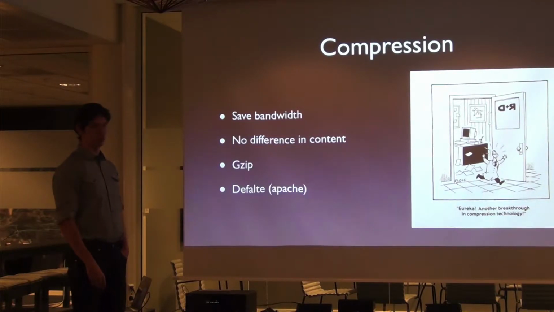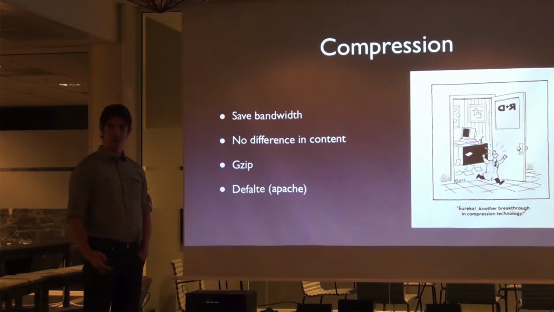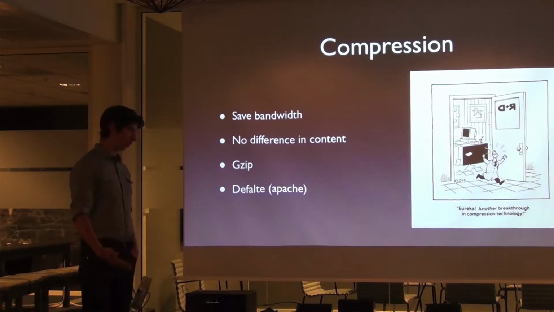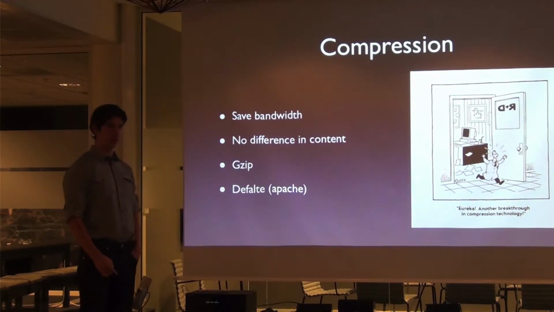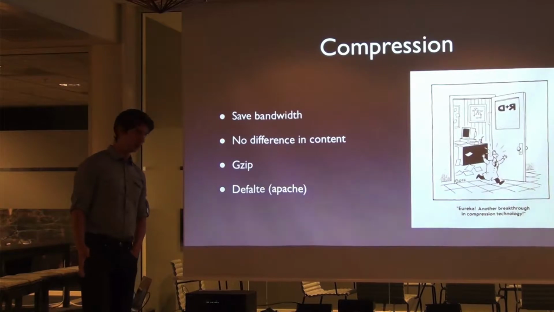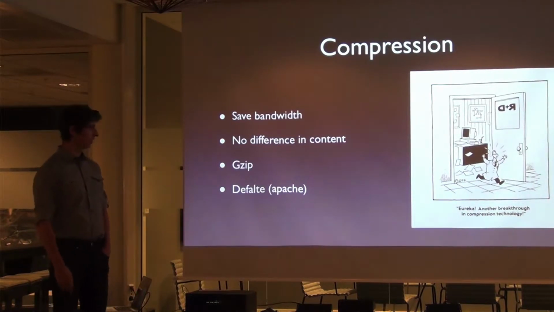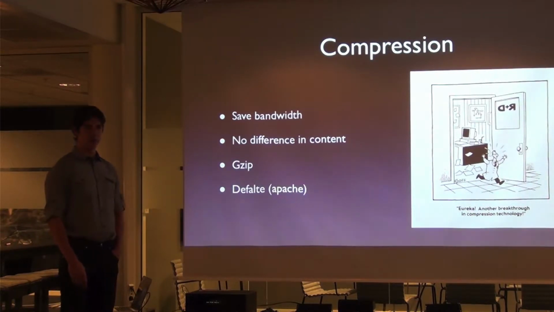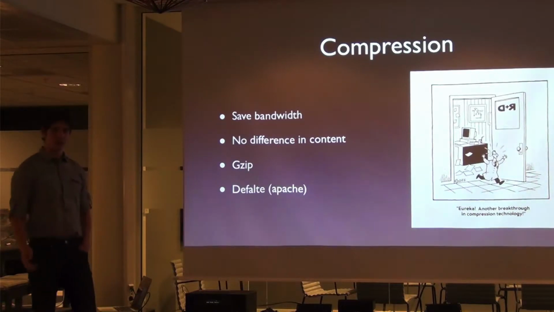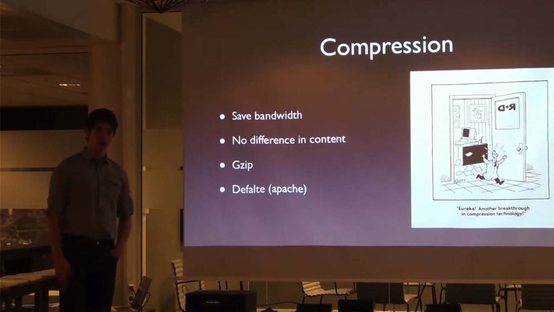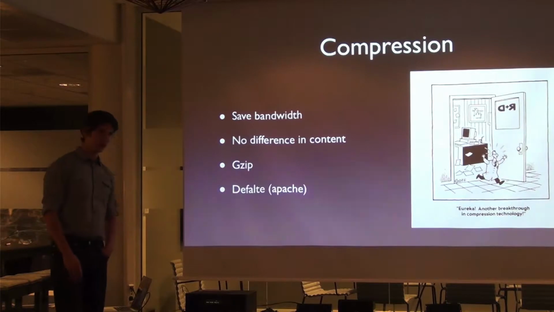This is very easy if you have access to your Apache settings or Nginx settings. You can just set up gzipping, or mod_deflate as it's called for Apache, and everything will be fixed by itself, and this saves loads of bandwidth. So for mobile users, this is gold.